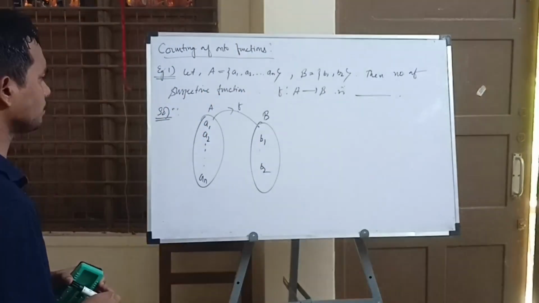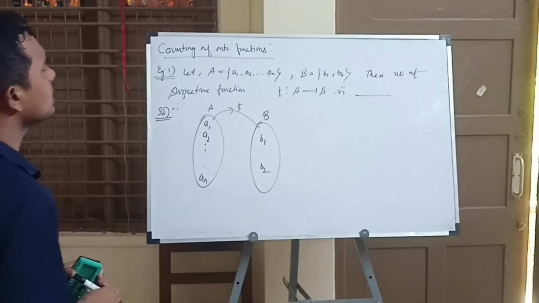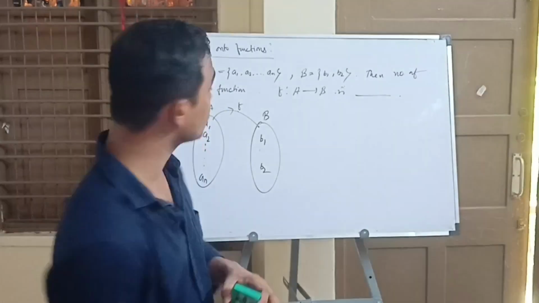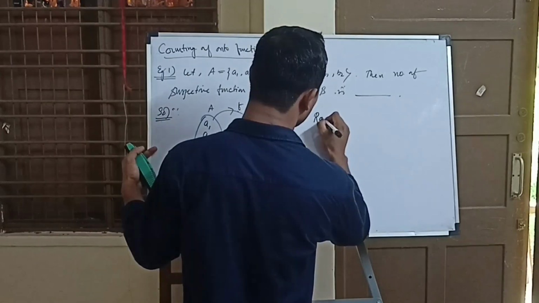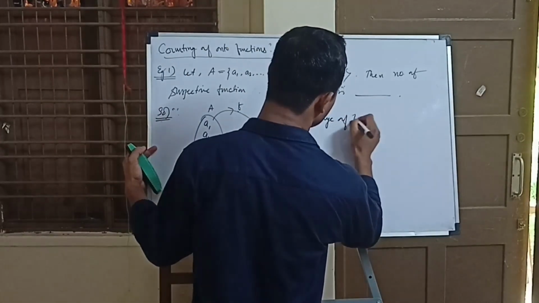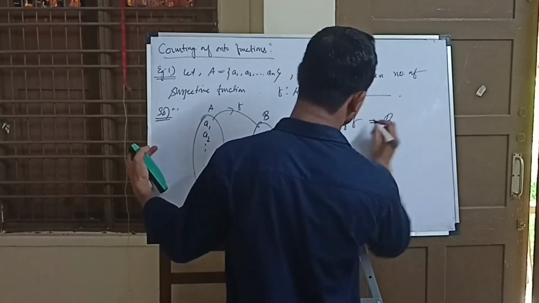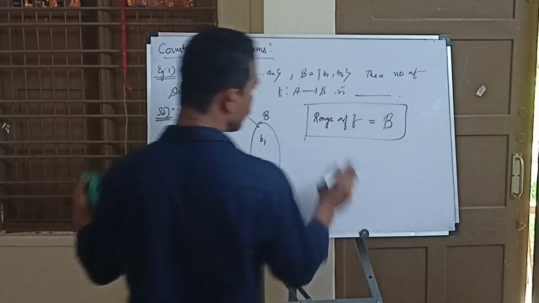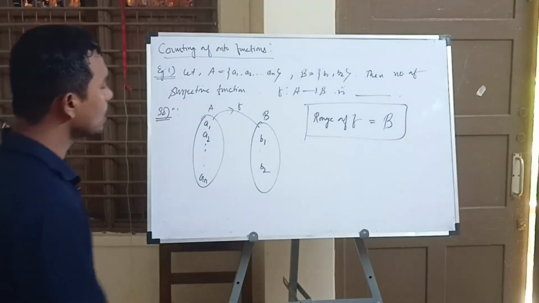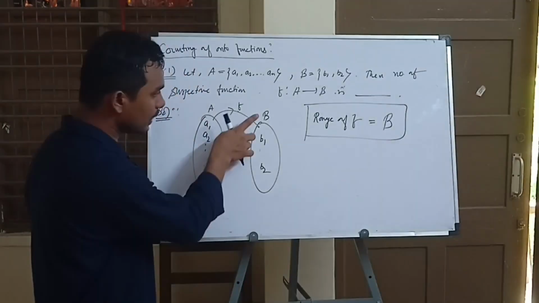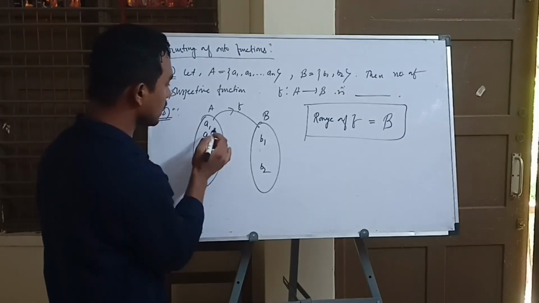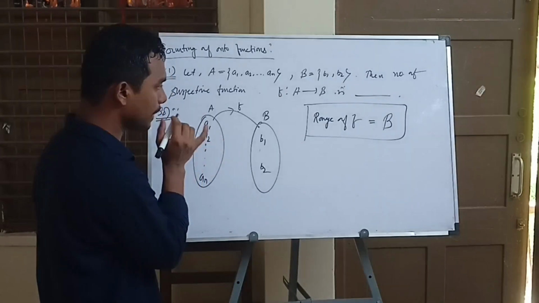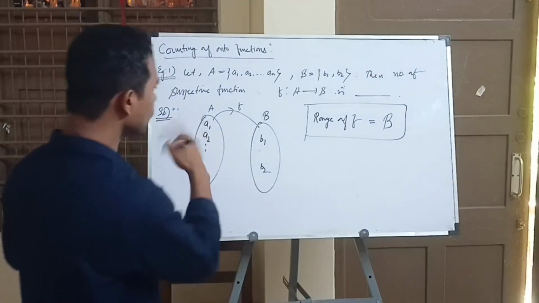Okay, what is the definition of surjective functions? The definition of a surjective function is that the range of f is the codomain. Correct? Here the codomain is B. There are two elements in B, right?